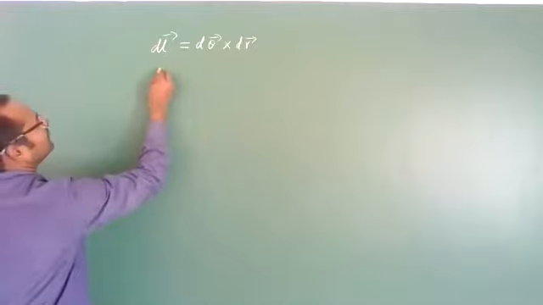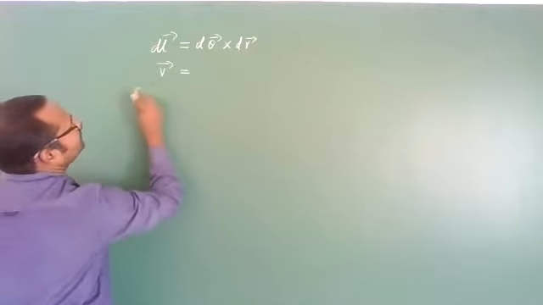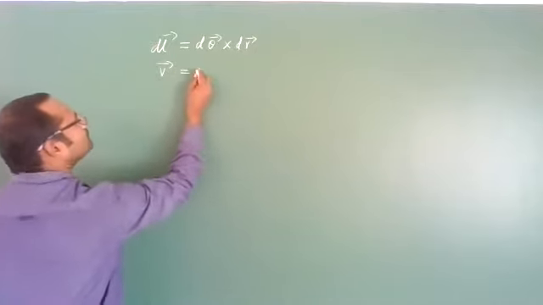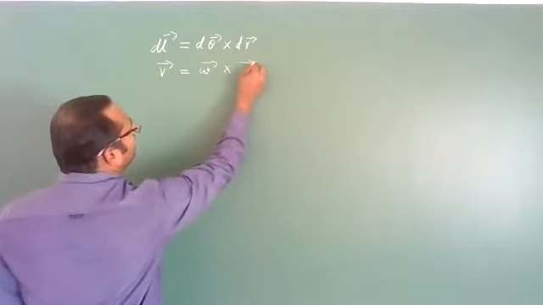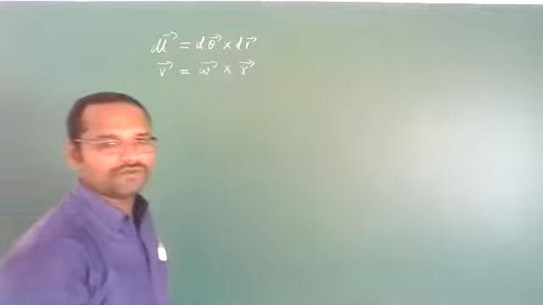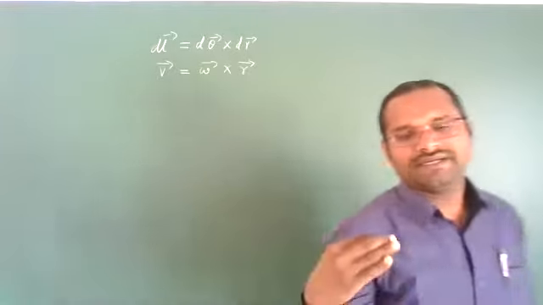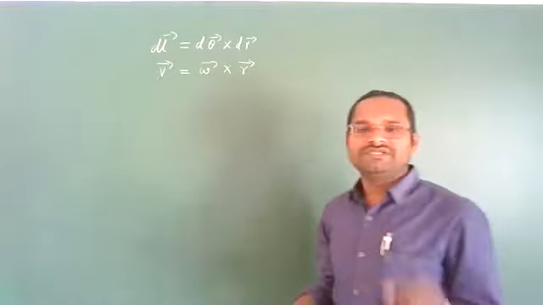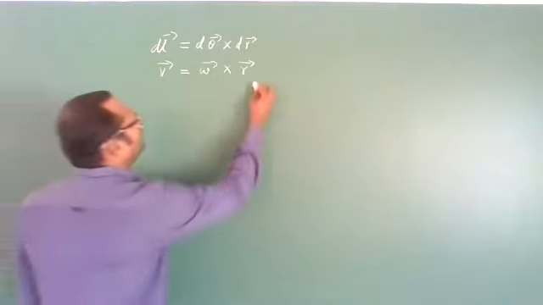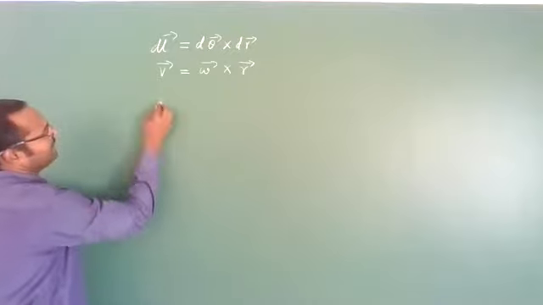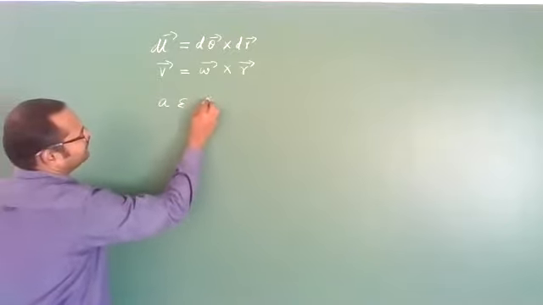One more, v bar equals omega bar cross r bar. We have derived the relation between v and omega, where v is linear velocity and omega is angular velocity. Now we are going to derive the relation between a and alpha.